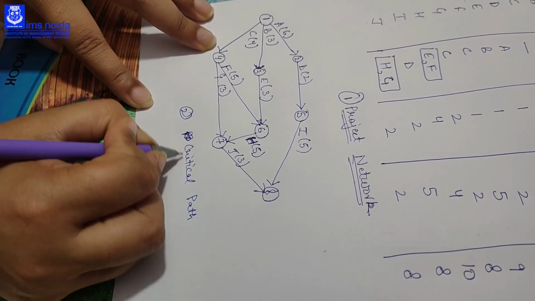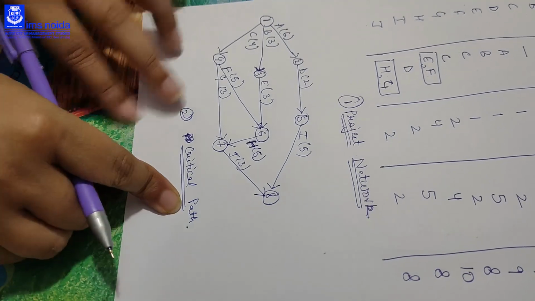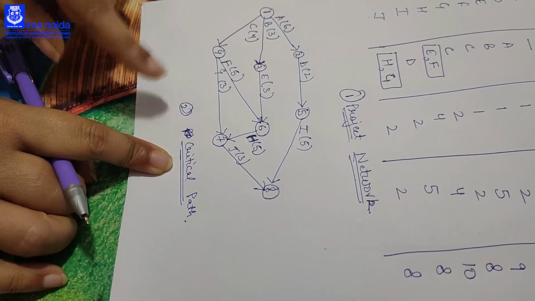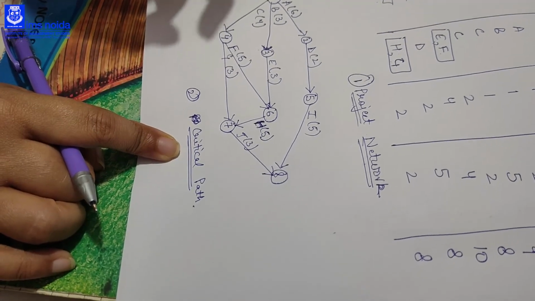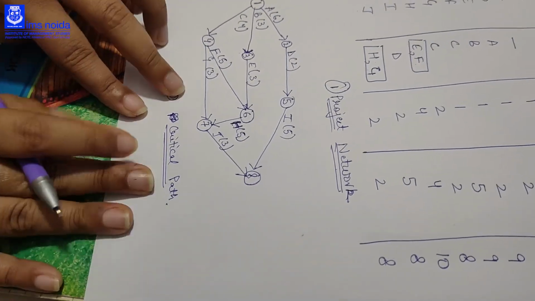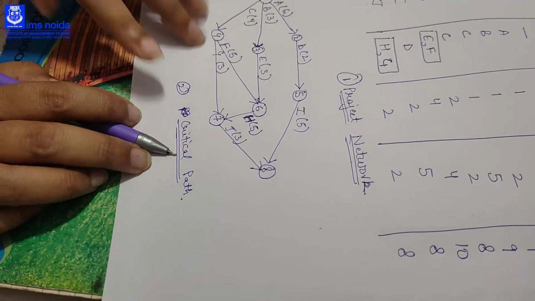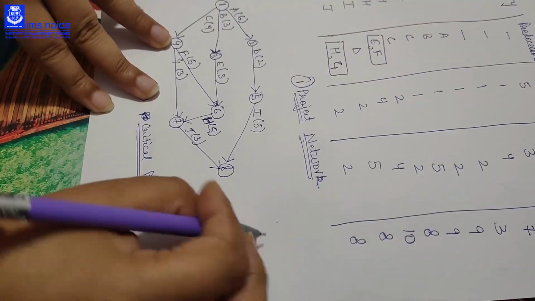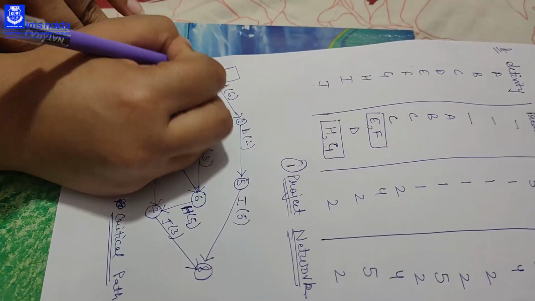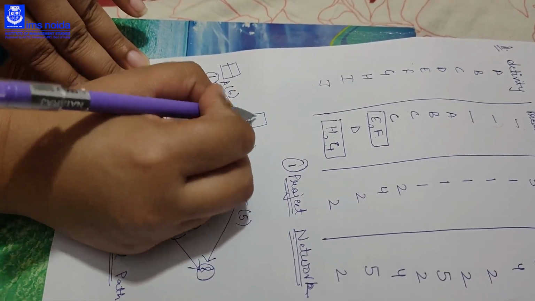Here the path is called the critical path only, as it is said in the critical path method. The method is the same as we applied in the CPM method, that is finding the earliest time and the project latest completion time.